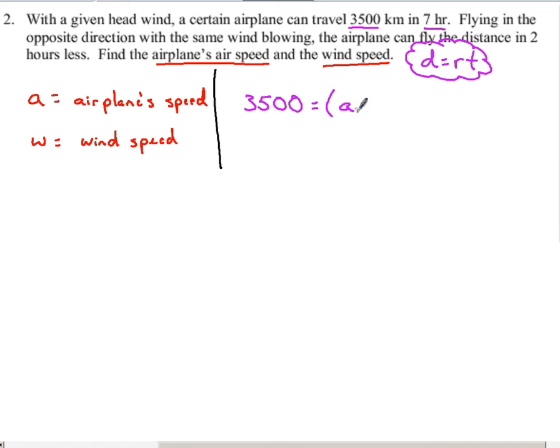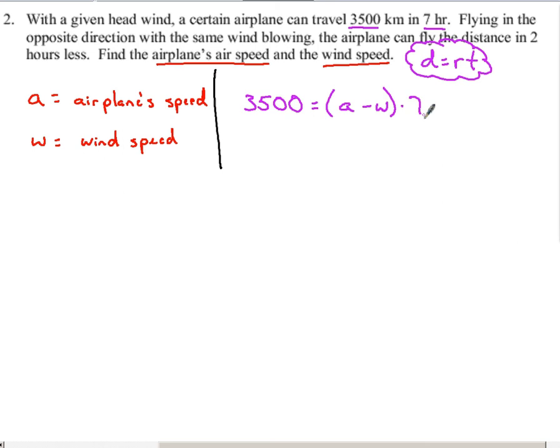That wind is blowing against you, so the speed of the wind, we would subtract. That little quantity right there represents my rate, the airplane speed with the wind blowing against it. So we subtract away.